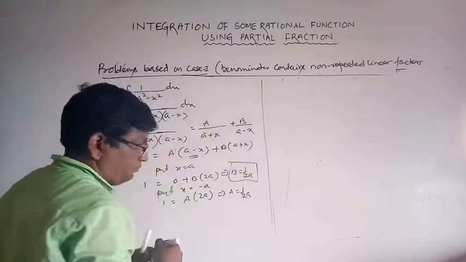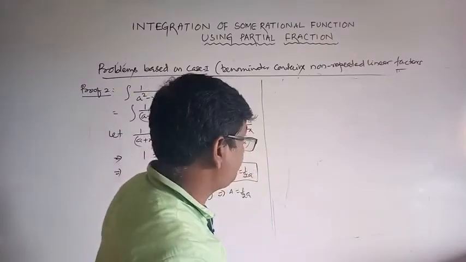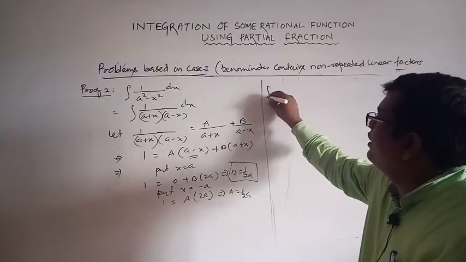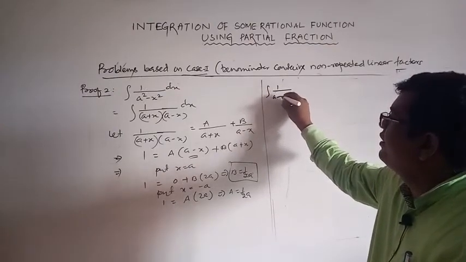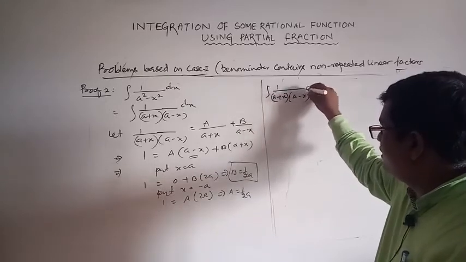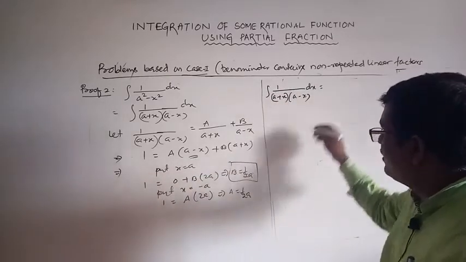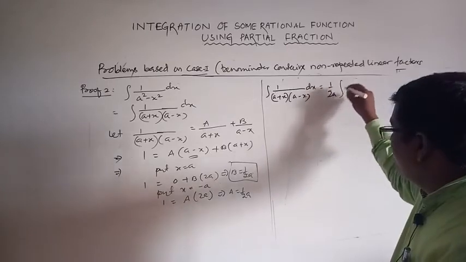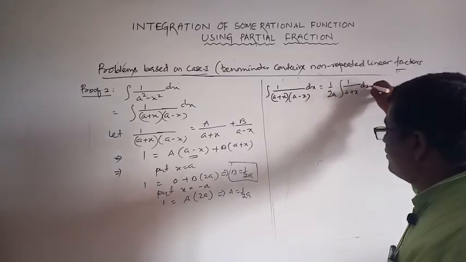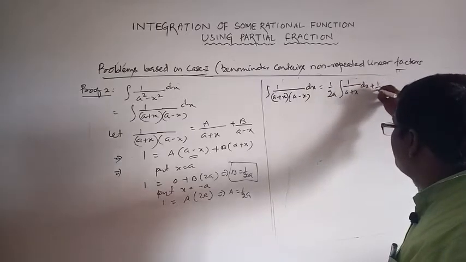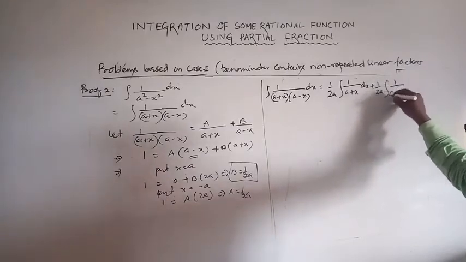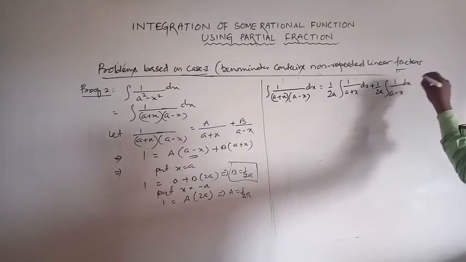Now integration of 1 by a plus x into a minus x dx is equal to the value of A, that is 1 by 2a, integration of 1 by a plus x dx, and the value of B, that is 1 by 2a, integration of 1 by a minus x dx.